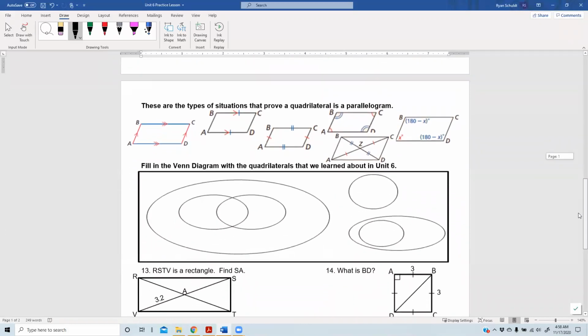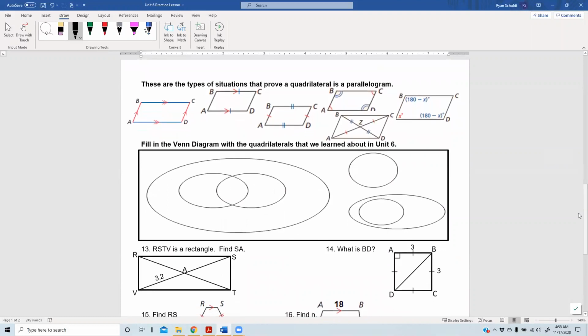Okay, on to the back. At first, they're just telling us the different types of properties. This isn't a question. This is a reminder of the situations where we have a parallelogram. First, we have opposite sides parallel. If that happens, we have a parallelogram.